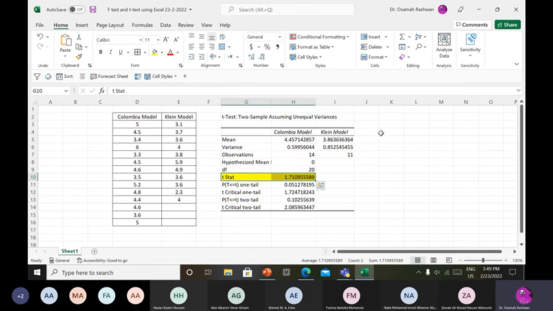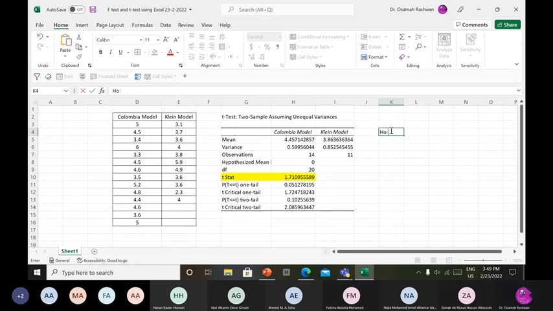So I have to write the null hypothesis here. What is the null hypothesis? The null hypothesis says the mean of Columbia model is equal to the mean of KLN model.